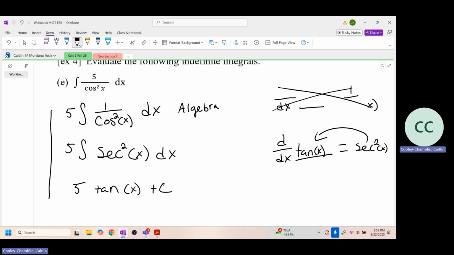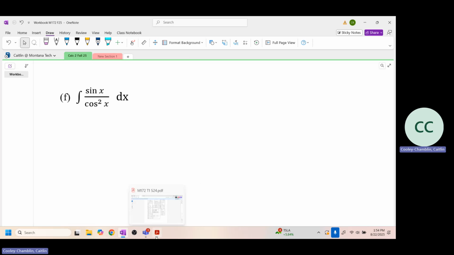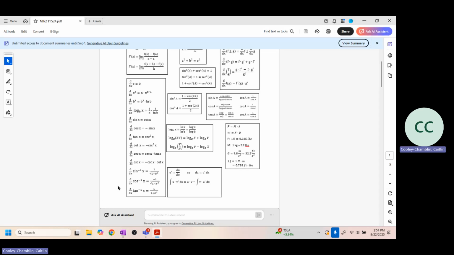Sometimes there are more problems that we have to look at and move things around. So I'm going to say pause the video and try F. F is a little bit harder than the one we just did, but I'll bring up the formula sheet so you can look around. All right, so pause the video, see if you can do this.